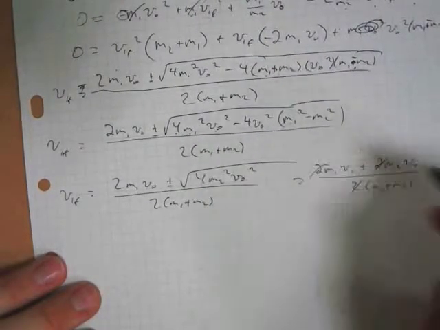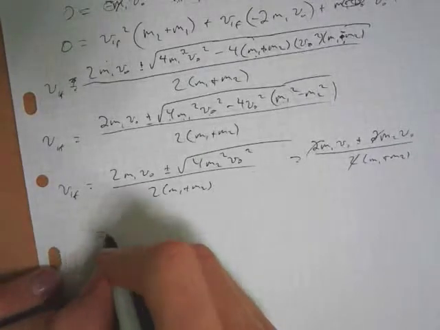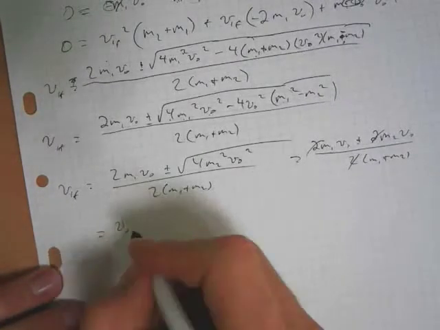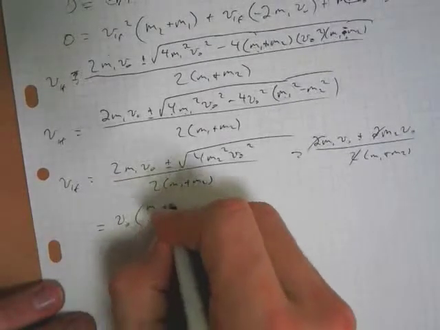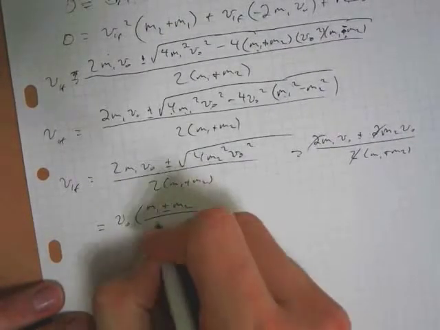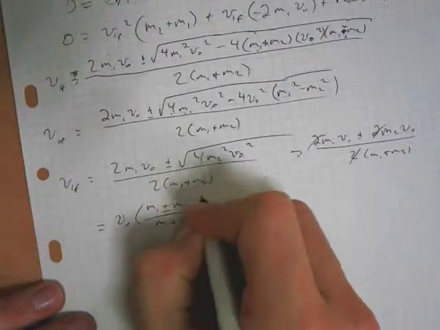The 2's cancel out, and we can factor a v0 out of the top. We just have v0 times m1 plus or minus m2 over m1 plus m2.